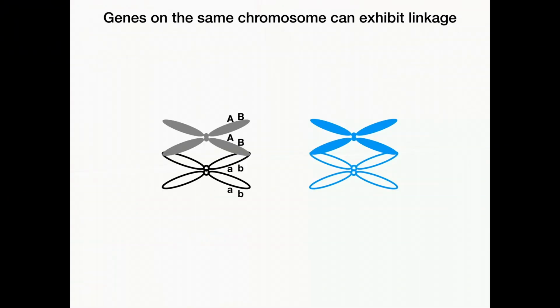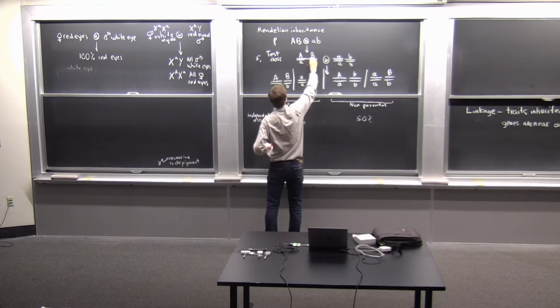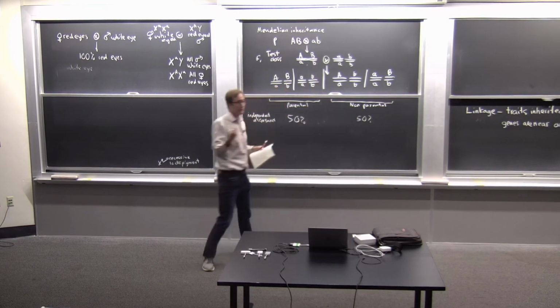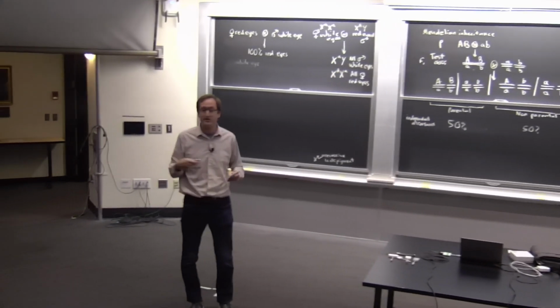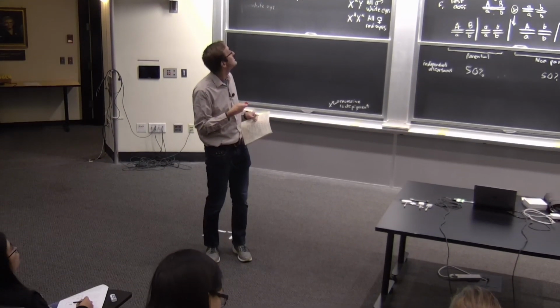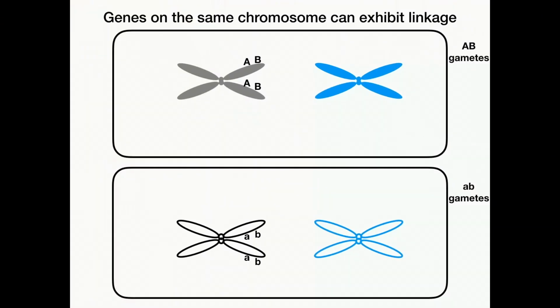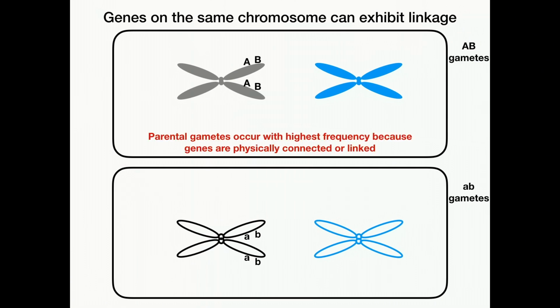Okay, so let's consider again these generic genes A and B. If A and B resulting from this cross happen to be on the same chromosome, now they're physically coupled to each other, then they're going to tend to be inherited together, right? So no matter how these align, they're always going to go together during the first meiotic division, and that's just going to give you only the parental gametes, okay?